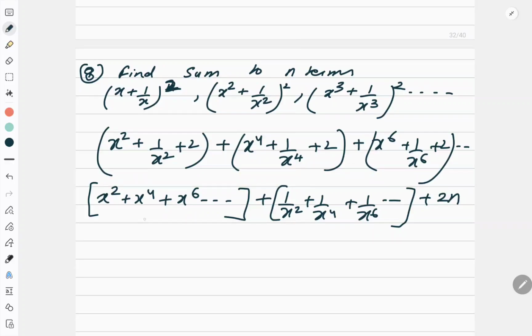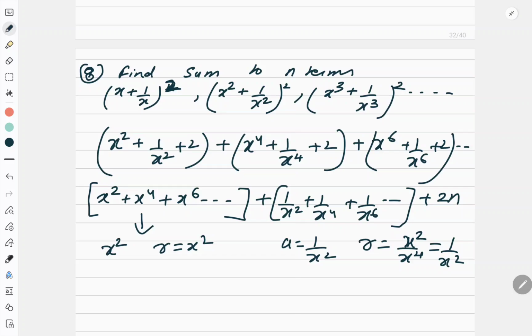Now this is 1 GP with first term x square and r is equal to x square. This is 1 GP with the first term 1 upon x square and r is equal to 1 upon x to the power 4 upon x square, which is 1 upon x square. Now what is the sum of this GP?